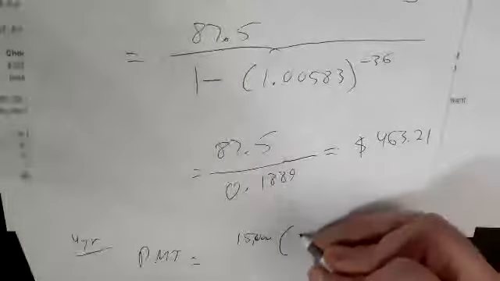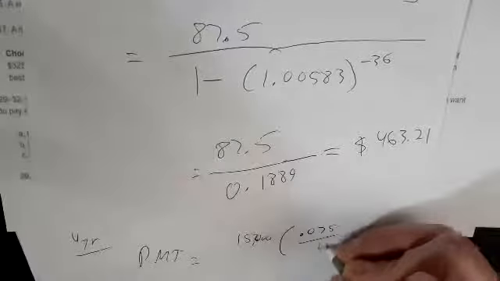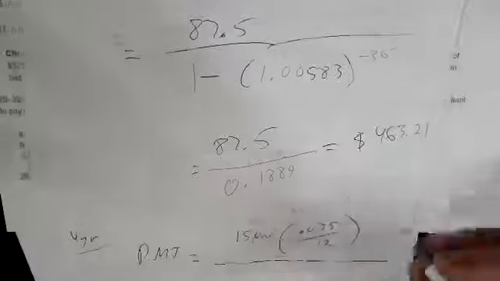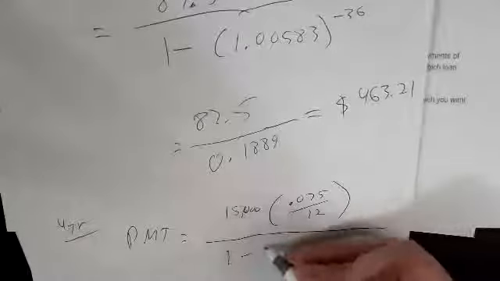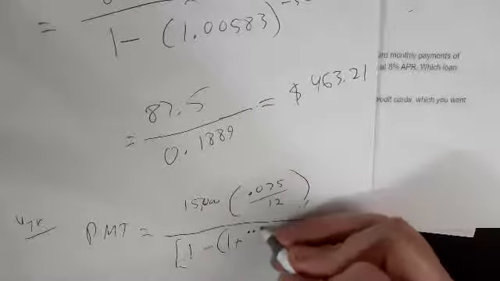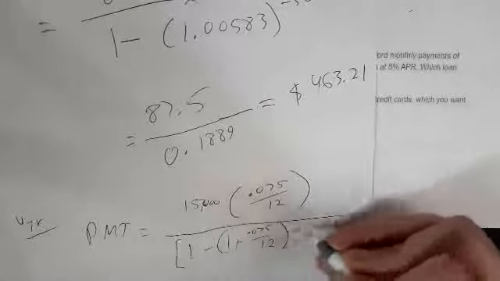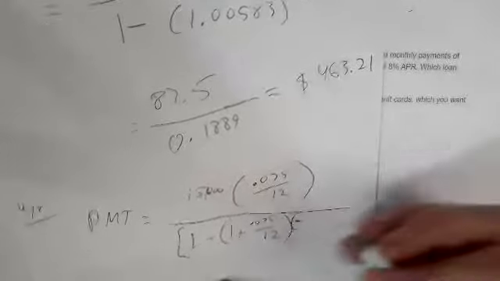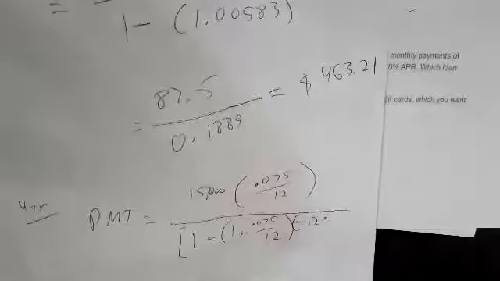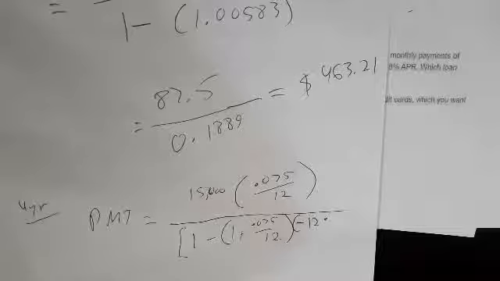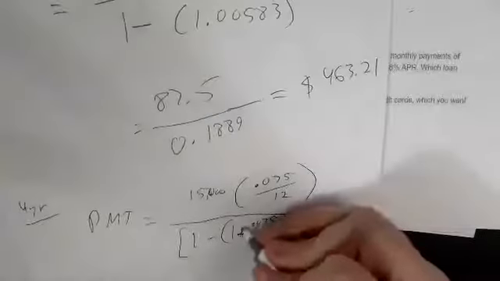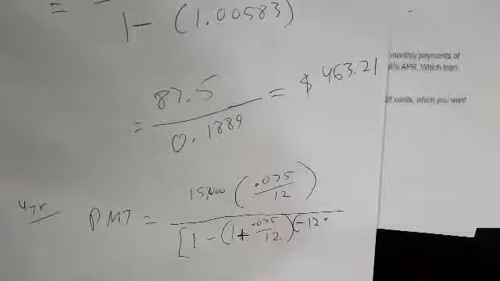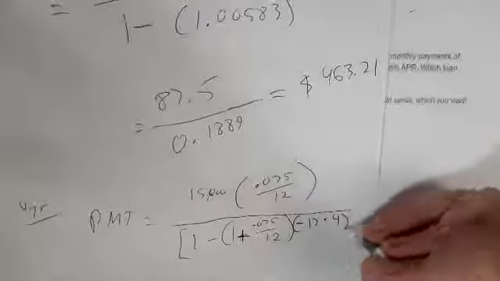So this tells me 0.075 over 12. 1 minus 1 plus, and this is to the negative 12 times the years, which is 4 for the 4 years.